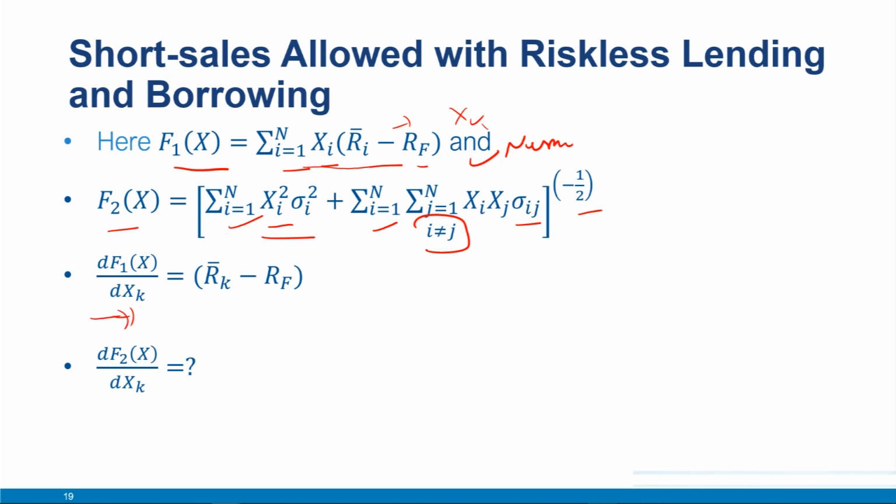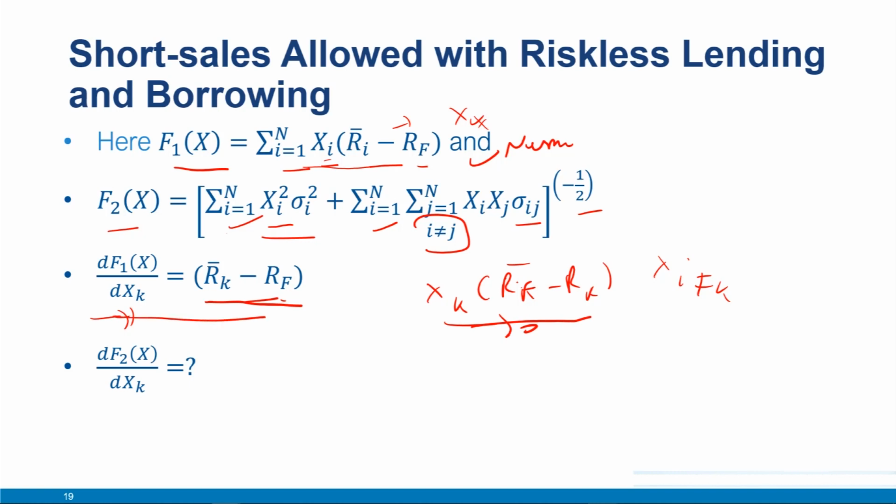So only the term where xi is xk will remain, and corresponding to that we get something like xk into (rk bar minus rf). Only this expression will survive. For all the xi's that are not equal to k, they become 0. Only this expression will remain, all of them will perish, and we end up with this one. But the differentiation of f2(x), df2 by dx, is slightly more involved.